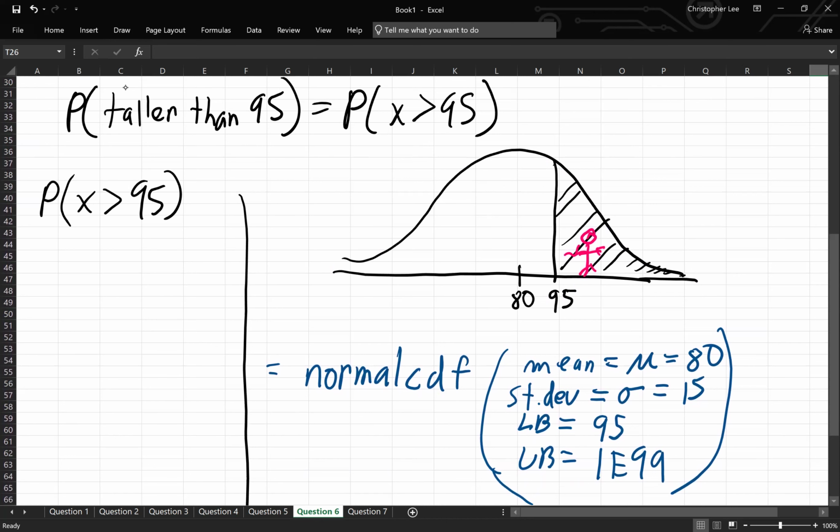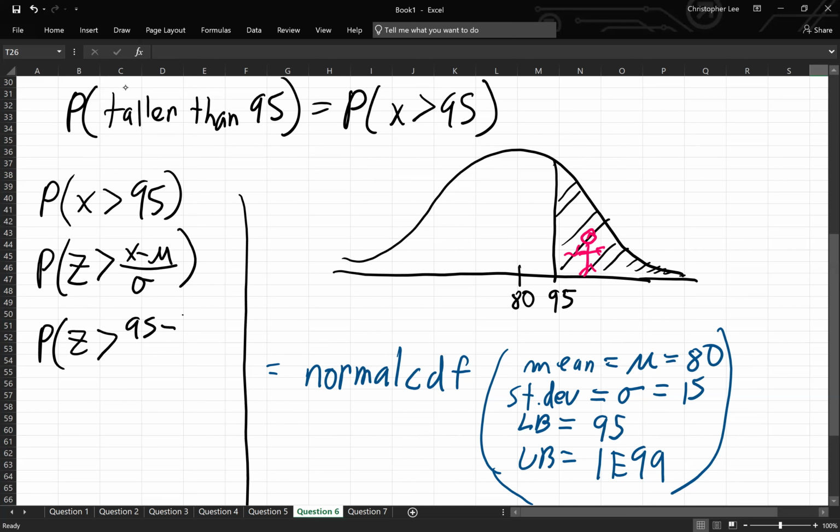We can only look up a normal distribution in the table. So this becomes the probability of Z greater than X minus mu over sigma. Just plug it in. This is going to become the probability of Z greater than 95 minus 80, over 15.